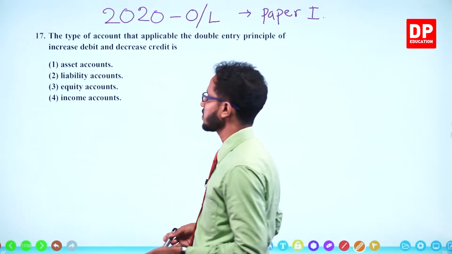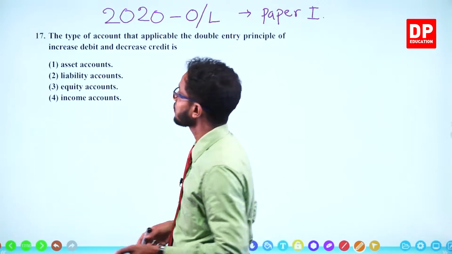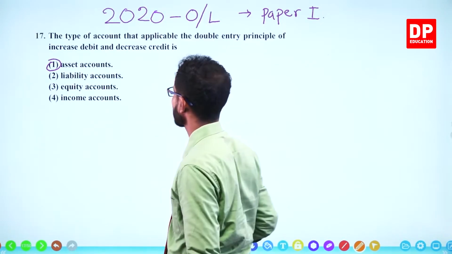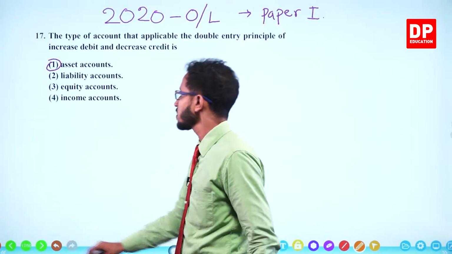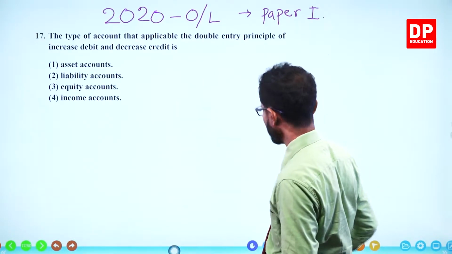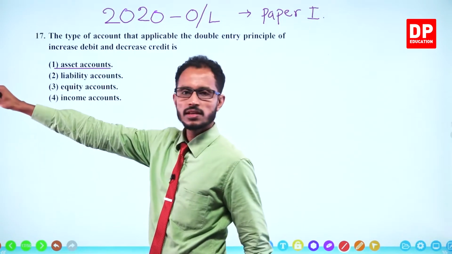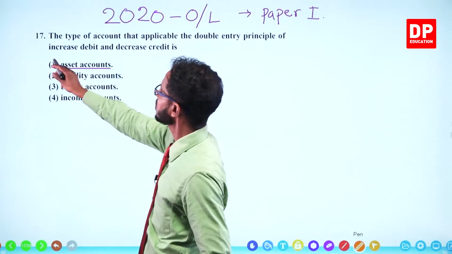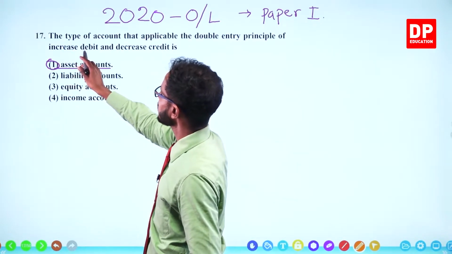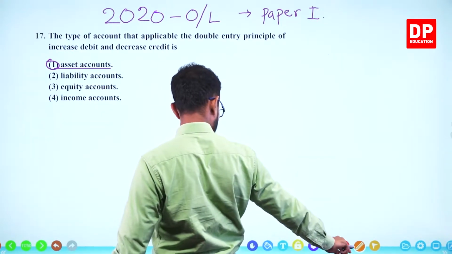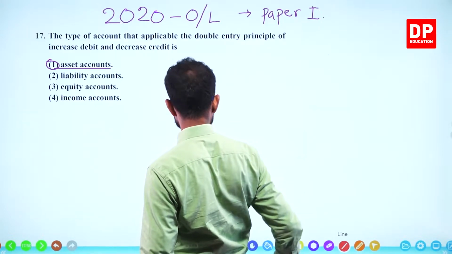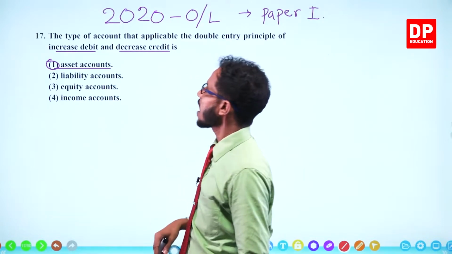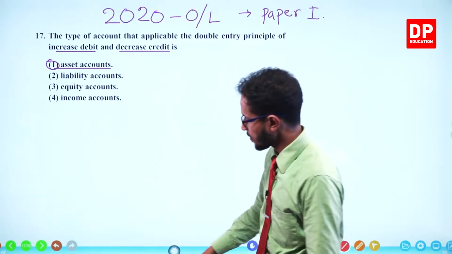What is that double entry applying to? Asset, of course. That's such an easy one. Increase debit, decrease credit: asset accounts. Next question.